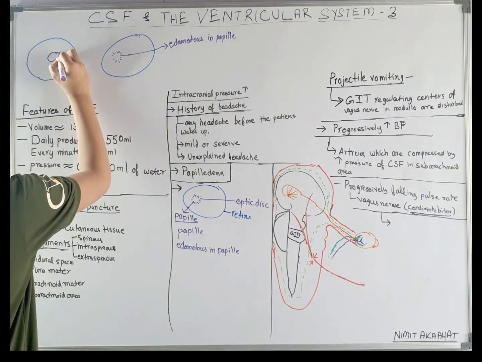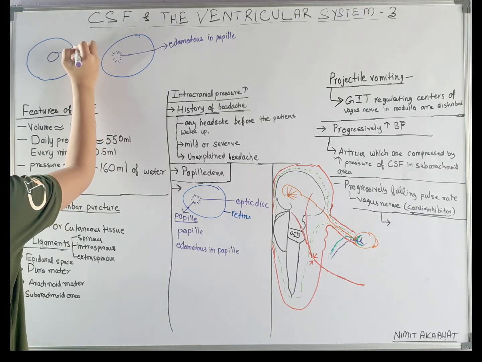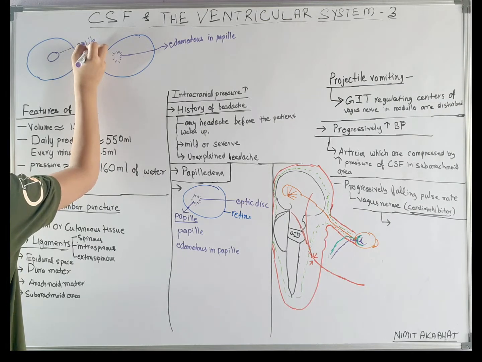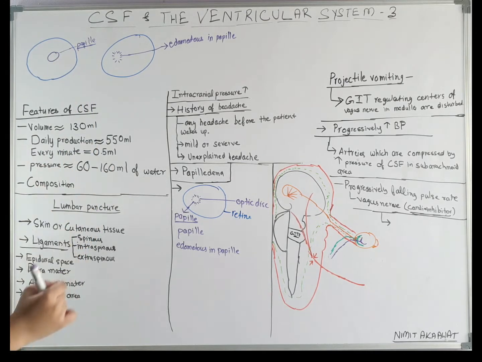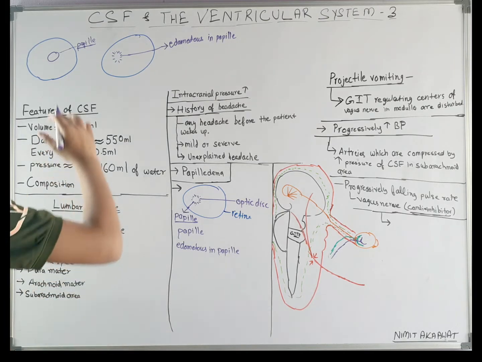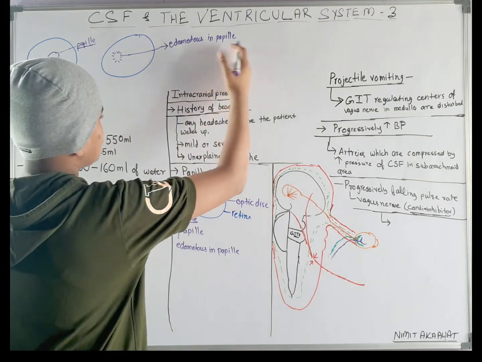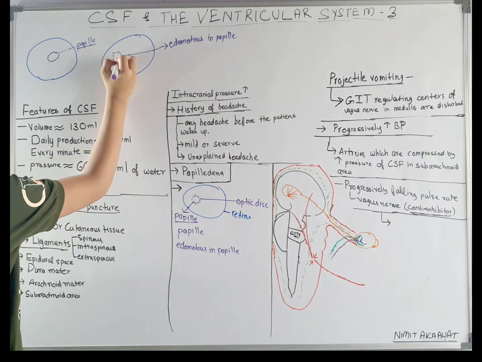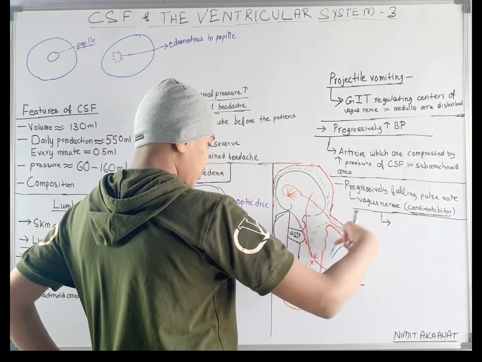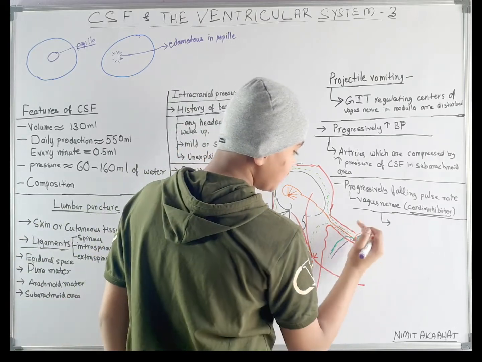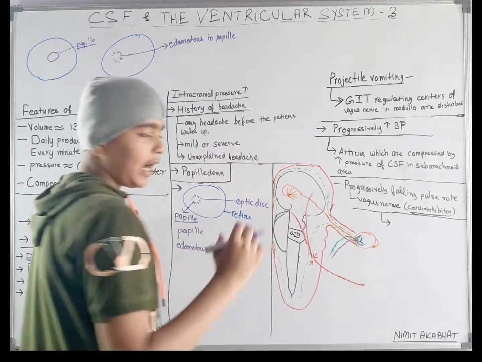This is the papilla, and the margins of the optic disc in a normal person are sharp and clear compared to the person who has an edematous papilla, because the central retinal vein is not able to drain the blood well from the eye to our cardiac system.